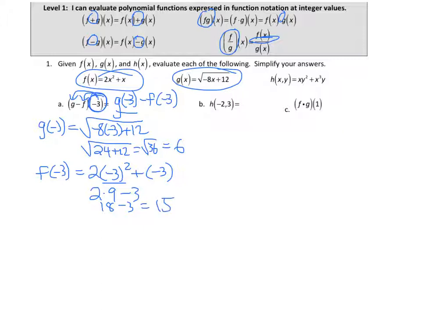So my two answers were 6 and 15. And then my final step is to subtract those. First, g of -3 has to go in the beginning because it came first, and then I subtract f of -3. So g of -3 was 6. f of -3 is 15. I subtract those two answers, and my final answer is -9.